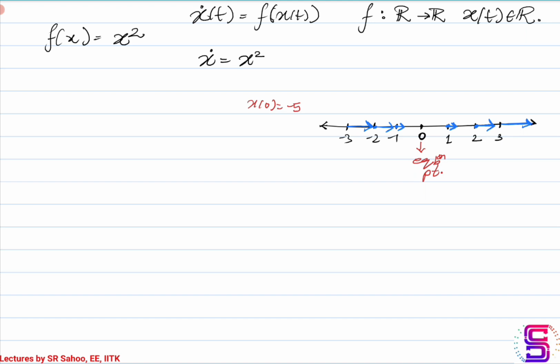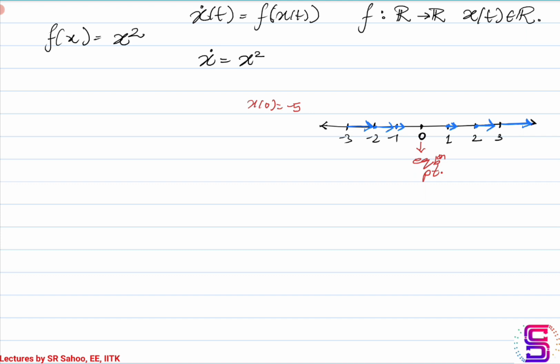If x of 0 is -5, then what you see is x dot will be such that it generates a positive vector, which means -5 will increase. It will increase and let's say go towards -4, and at -4 x dot is 16, so it will further increase and go towards -3, and again at -3 x dot is 9, so it increases.